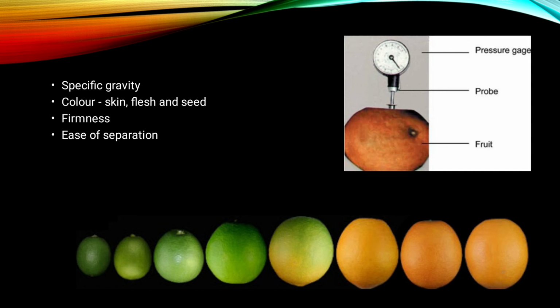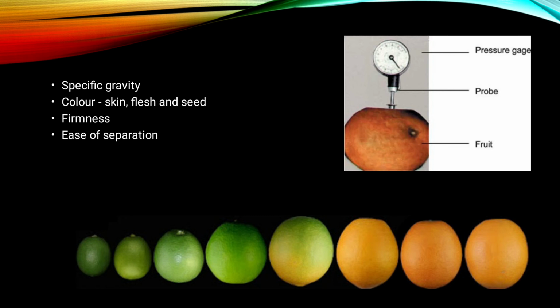Slowly, day by day, it increases in size, and there is also a change in the color of the orange. At the center you can see the fifth orange, which has a yellow tint, and some green pigmentation is also available. That is a matured fruit and it is stepping towards the ripening process.